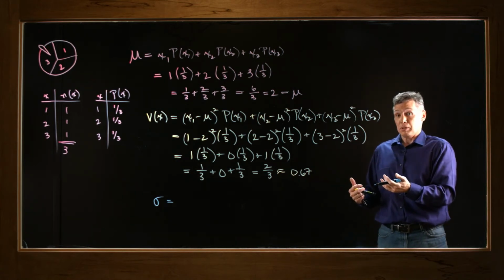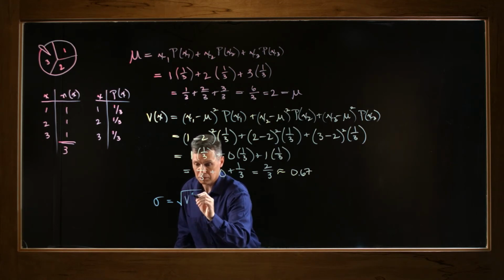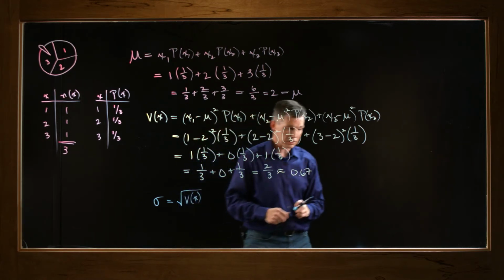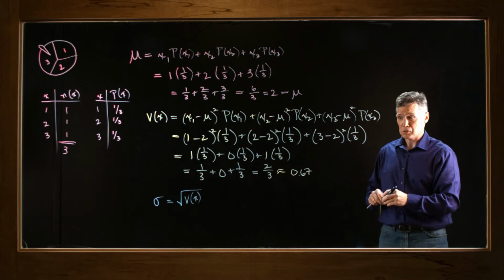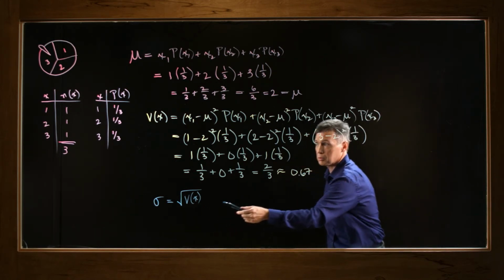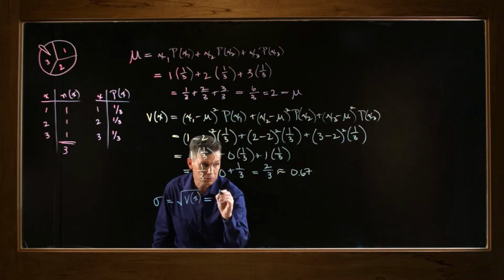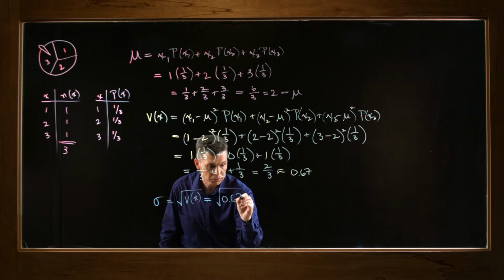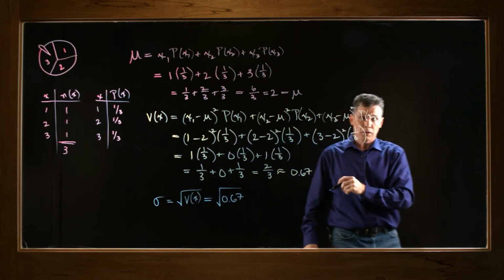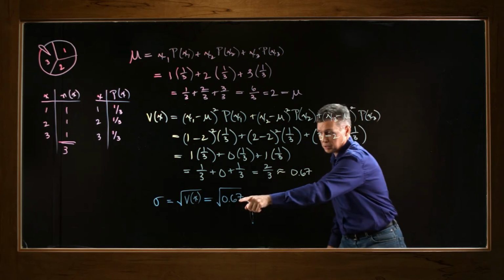I again start with the formula. So the formula for standard deviation is the square root of V of x. Make sure you know the formula and then make sure you know what to do with the formula. And the formula here is just the square root of our answer for the variance. This is just going to equal the square root of 0.67. As a decimal, that's why I would take the variance as a decimal, so I can just take it in the calculator.